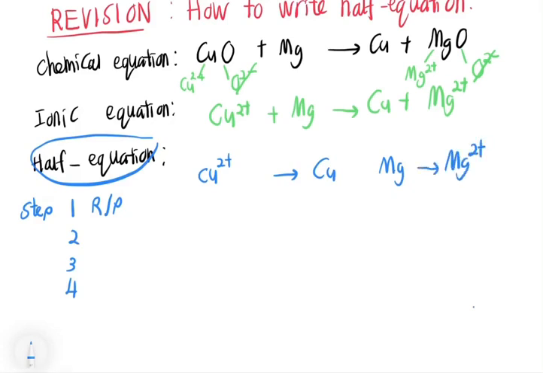So step 1 is done. Step 2, you need to balance atoms. In this case, Cu is 1 on both sides, so the atoms are balanced on both sides of the equation. The third step is you need to add electrons to balance the charge. And the last step will be to balance the charge.